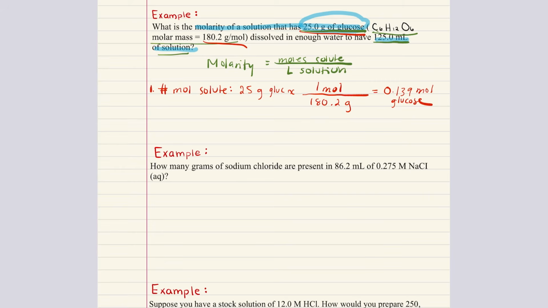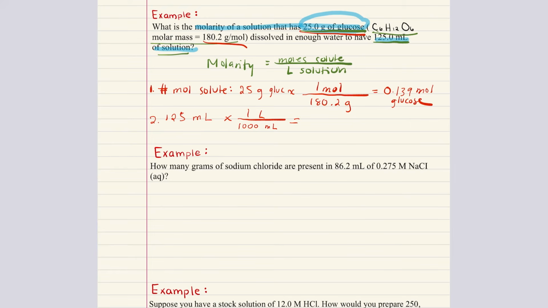Beautiful. Now we also need a second thing. We need our volume of solution in liters. We have 125 milliliters of solution. We want to convert that to liters. We know that there is 1,000 milliliters per 1 liter.